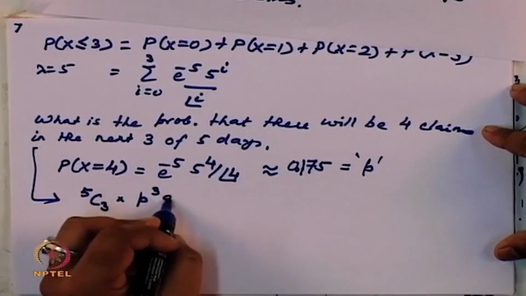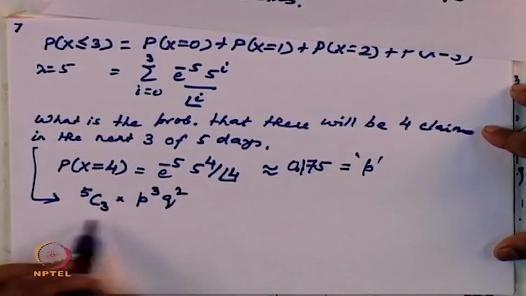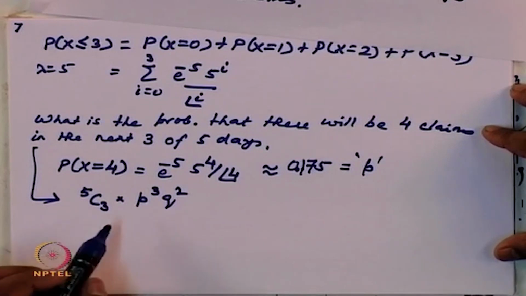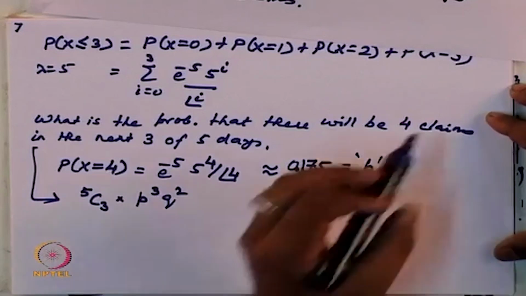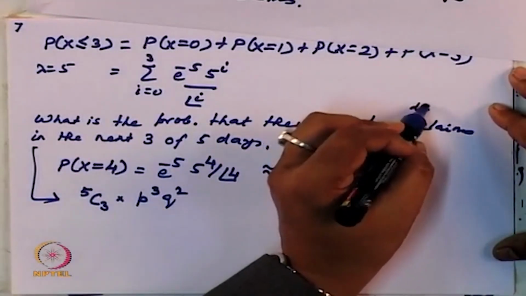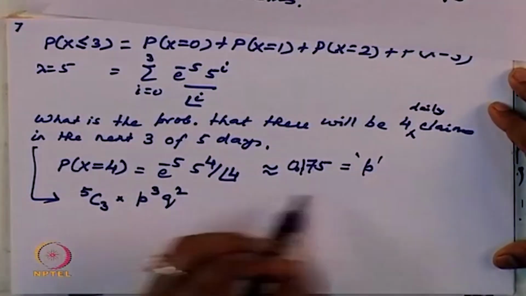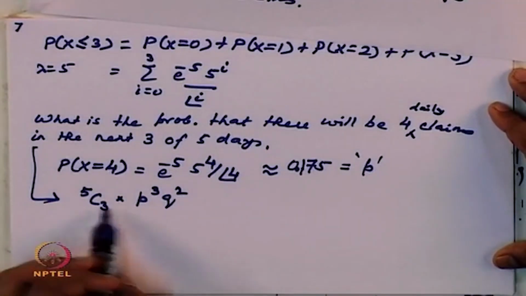So this is 5C3 p cubed q squared. This is what we have been asked to determine. Here p is nothing but the probability of x equal to 4 daily claims. So you plug in the value of p here and then you will get the exact value.